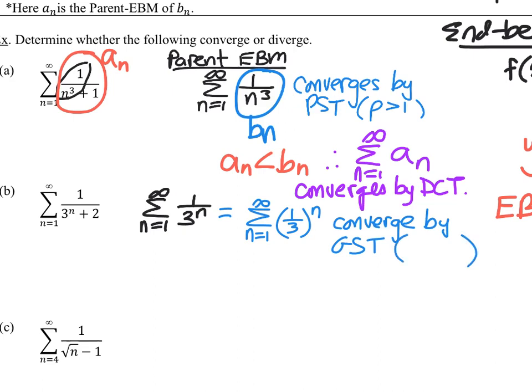And how did I know that? What characteristic of the geometric series test tells me that this is going to converge? Study. The absolute value of r is less than 1. Boom shakalaka. The absolute value of r is less than 1.